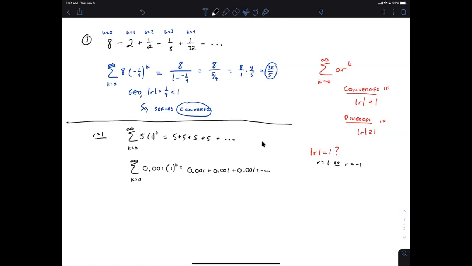So no matter what a is, this is going to diverge with maybe one exception. If this was negative, then this would be negative and then negative and negative. It would go to negative infinity, but it would still diverge. What would be the exception? What value of a would make that not diverge?